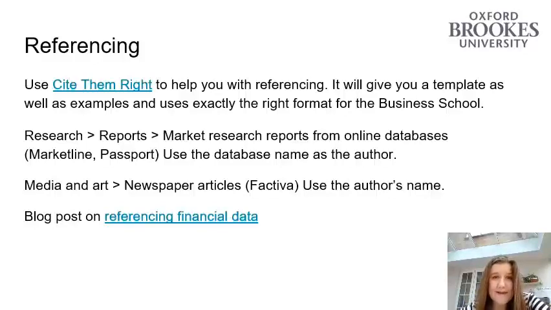Finally, I've got a link here to a blog post on referencing financial data from databases like Fame and Orbis. So sometimes you need to be a little bit creative with the titles in those databases to make it really clear what data you are referring to, the name of the company, etc. So take a look at that for a bit of advice on how to reference that information.